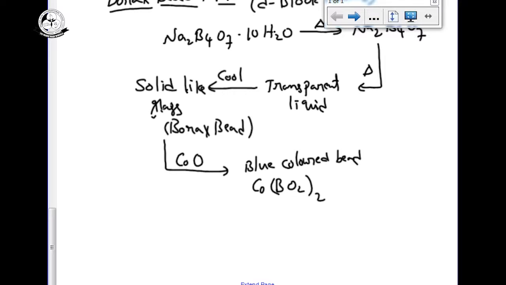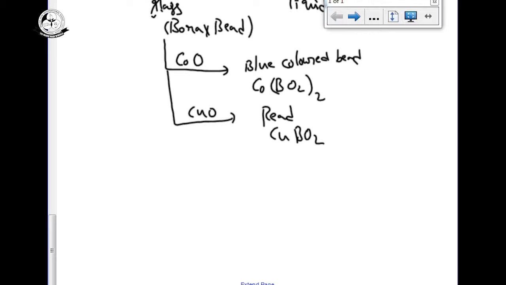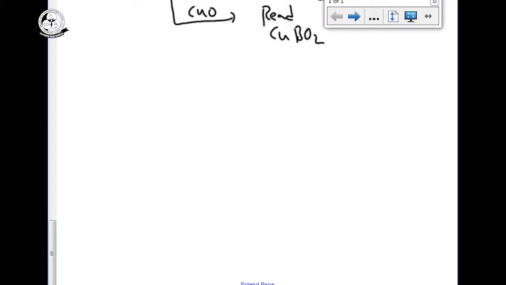If it is copper, say copper oxide, it gives a red colored bead, that is copper metaborate, Cu(BO2)2. The borax bead test is a very important test for the identification of d block transition elements in the given compound.